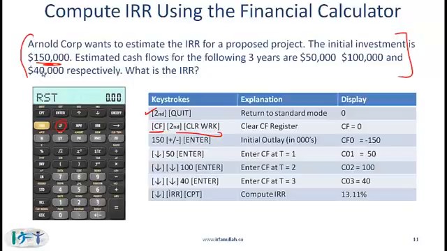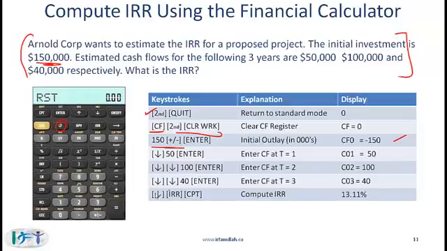So the initial outlay is minus 150. So plus minus is to make it a minus. That is telling the calculator that the first cash flow at time 0 is minus 150. We enter the rest of the cash flows, 50, 100, 40.